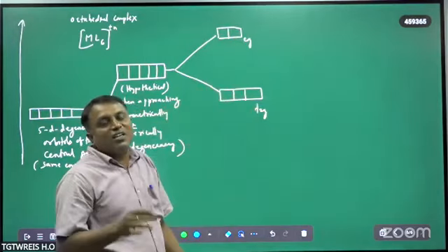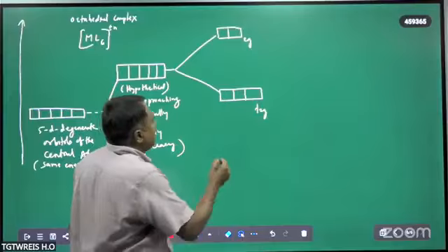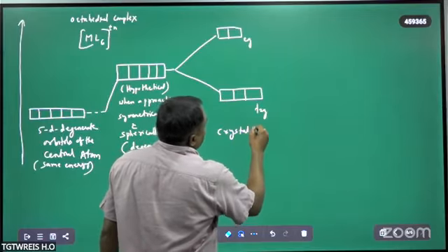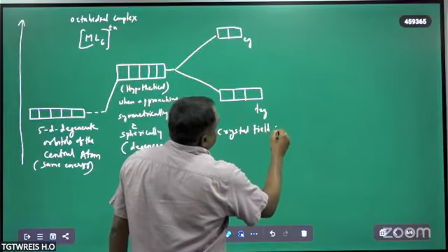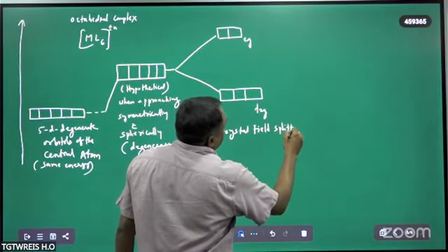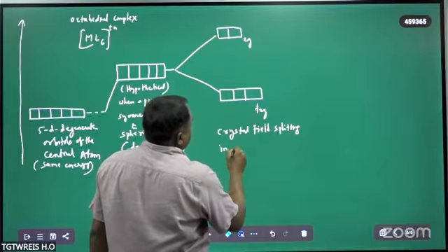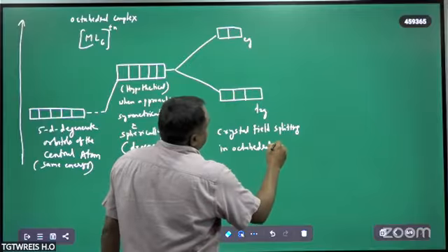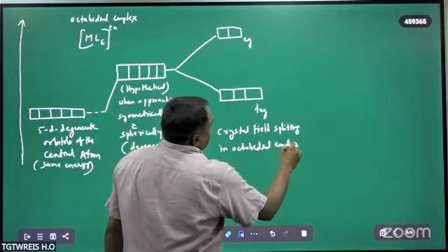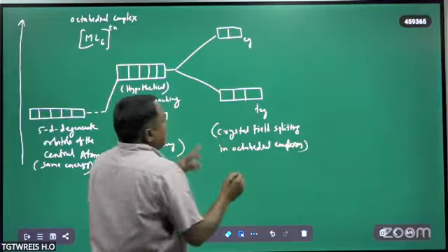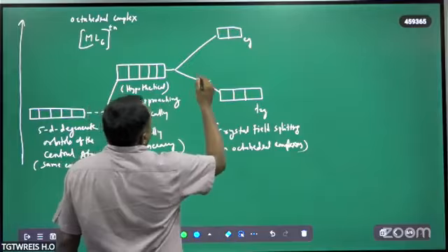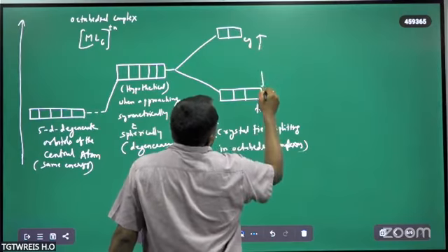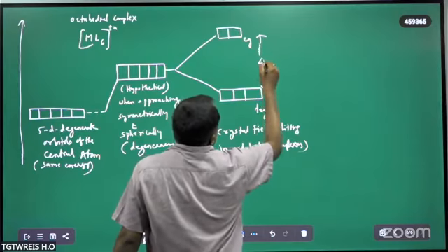This is called crystal field splitting. Crystal field splitting in octahedral complexes. In octahedral complexes, the energy gap between the higher energy eg and the lower energy t2g is delta naught.